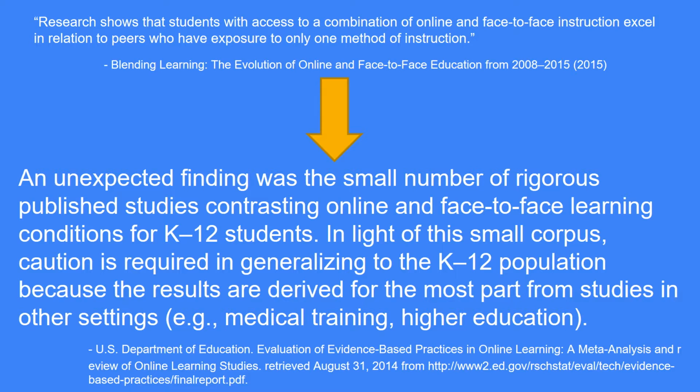There are a few, but it's not a ton. Some rigorous studies did point to the benefits of blended learning over strictly face-to-face or online, but they might not be in K through 12 education. They might be in the medical field or higher learning. So clearly more research needs to be done.